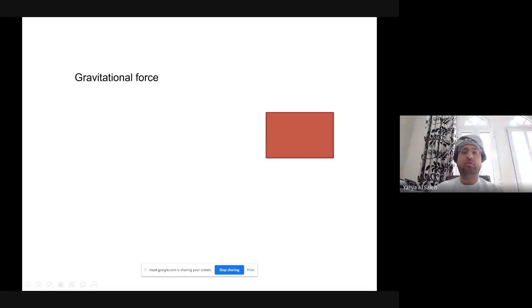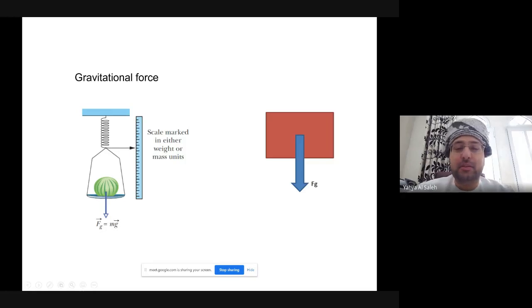First thing, gravitational force, something that we all experience at all times. And we have already addressed it in one way or another in our free fall. Any object experiences gravity. Yeah, it's pulled by gravity.